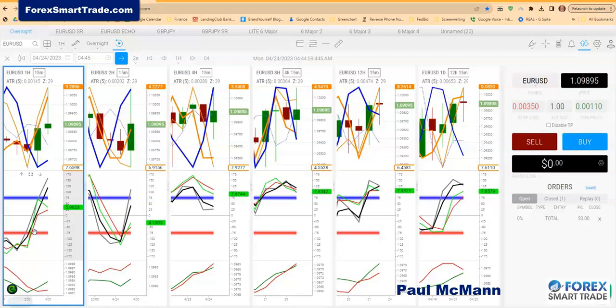On the Euro USD, if it touched and then this had turned, I would consider that. On other pairs, not so much, but on the Euro USD, if you can get a turn in the channel, I will trade that.